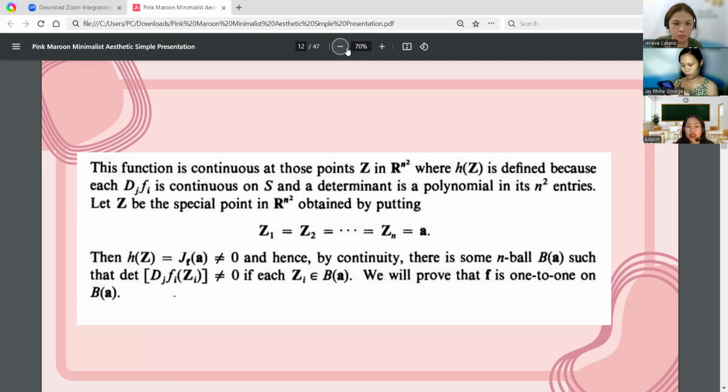Let Z be the special point in R^(n squared) obtained by putting z1 equals z2 equals ... equals a. Okay, now let's proceed to the next slide.